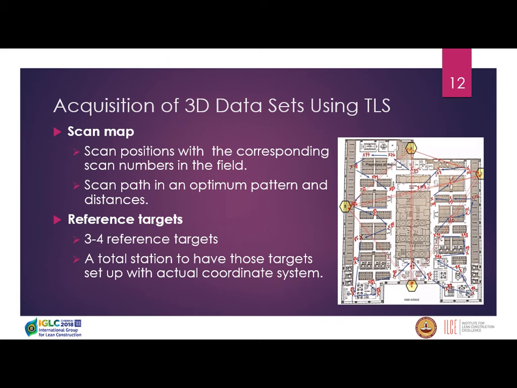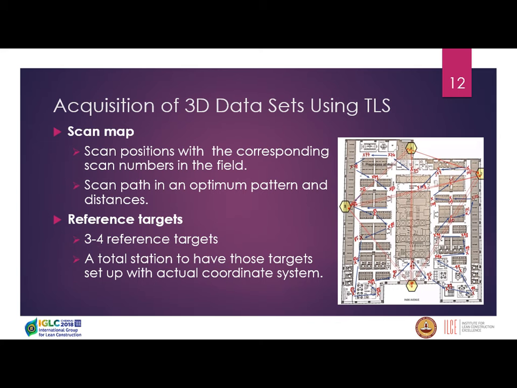It's really helpful to understand what the optimum scan path is. It should be zigzag. So how you can do it, where you should put the scans in different positions, it just really gives you an idea before going on site and capturing data.